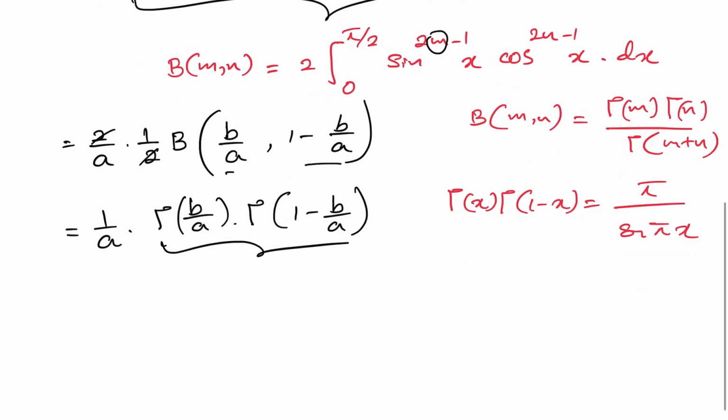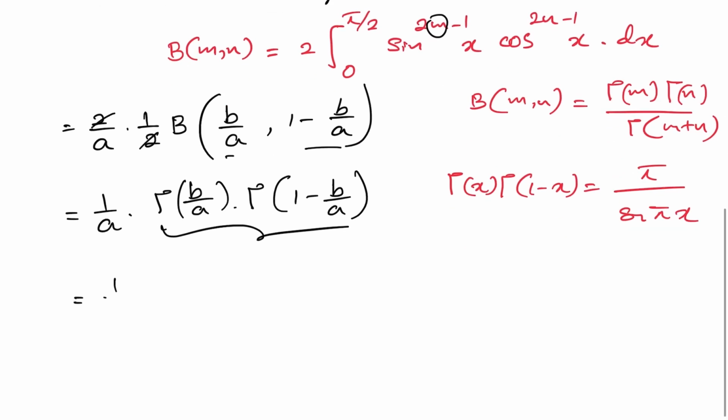So this we can write as 1 over a times pi over sine of pi b over a.